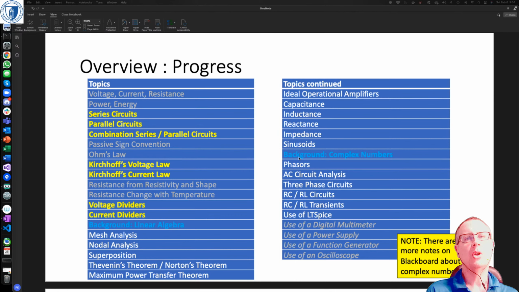I'll cross those off once we've wrapped them up, because we've still got an open tutorial on resistance from resistivity and shape and resistance change with temperature, and the homework is still open. So I'll probably cross most of these off next week for the lecture. In yellow, some of the things I want to try and talk about: series circuits, parallel circuits, combination circuits, Kirchhoff's voltage law, Kirchhoff's current law, and voltage and current dividers.